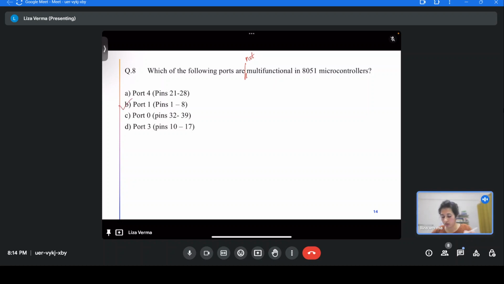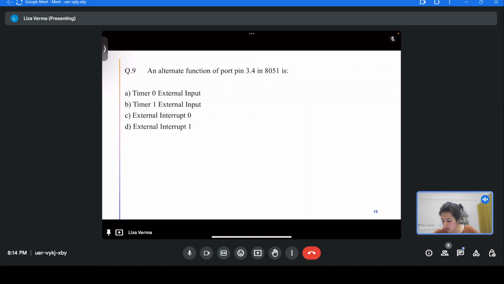So port 1 is not multifunctional. All of the other ports have different or multiple functions that can be done through them. Port 1 doesn't have anything other than 8-bit read write.